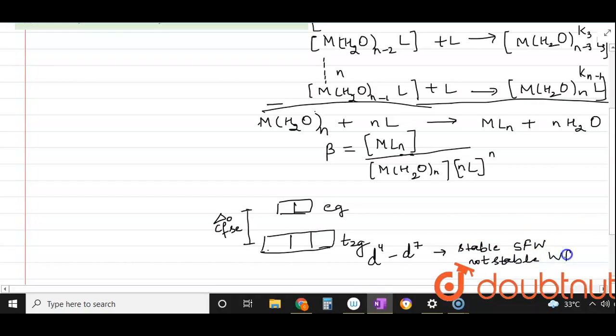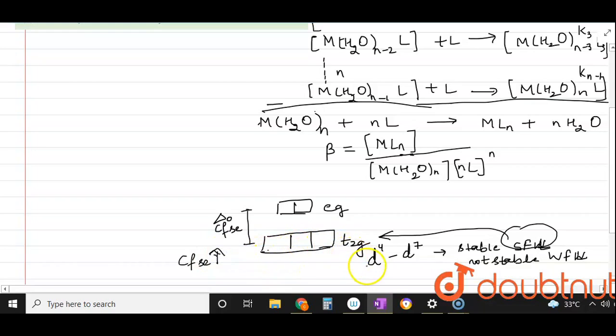Why? Because in the case of strong field ligands, the electrons will remain in the t2g level and the crystal field stabilization energy will be higher. If they remain in this level, the crystal field stabilization energy will be higher.